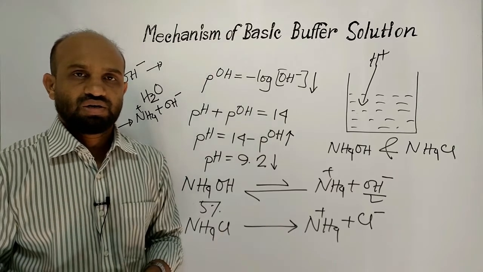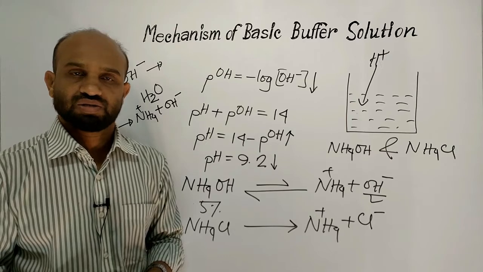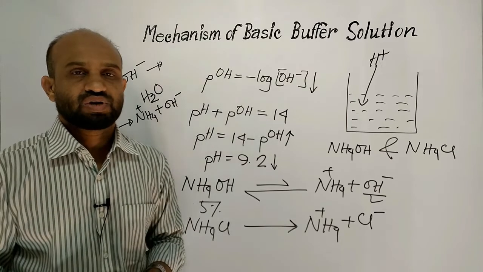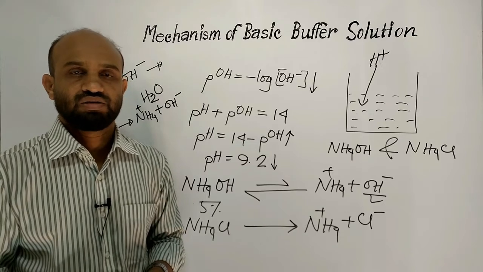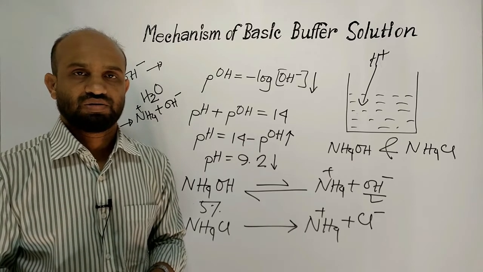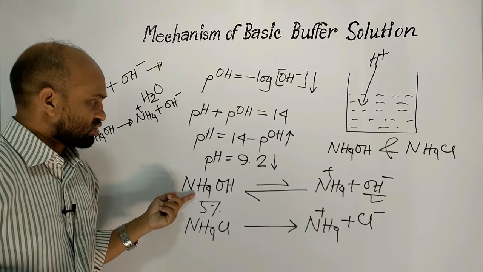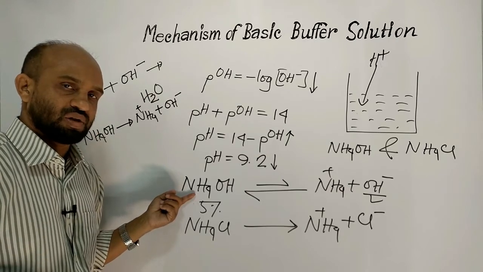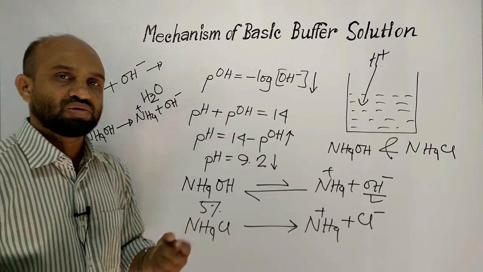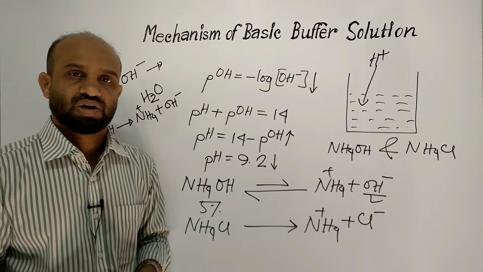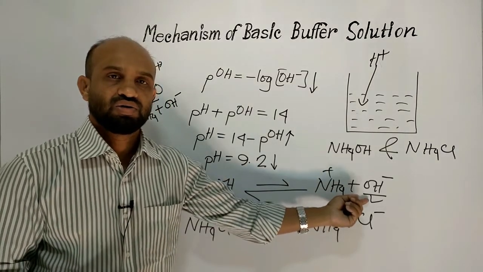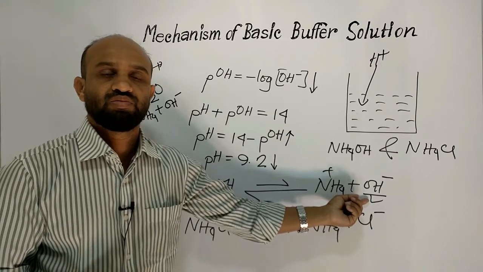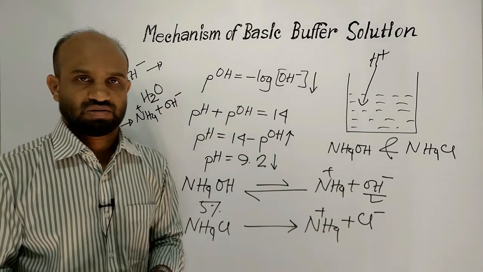In this way, pH value remains constant even after adding small amount of strong acid in the basic solution. Here, according to Le Chatelier's principle, some more amount of ammonium hydroxide ionizes to ammonium ion and hydroxide ion to fill up the emptiness of hydroxide ion.